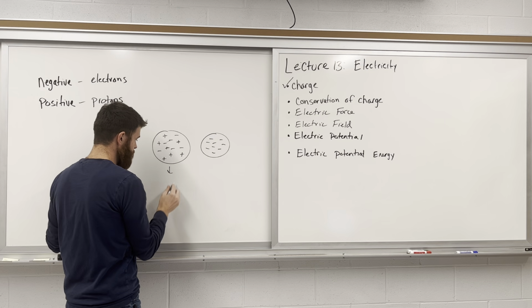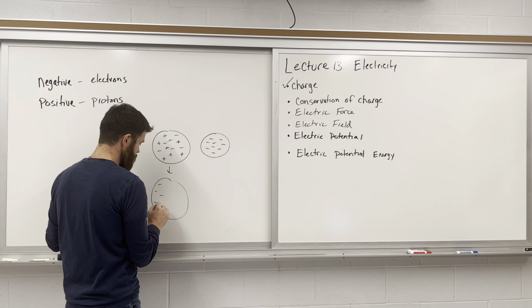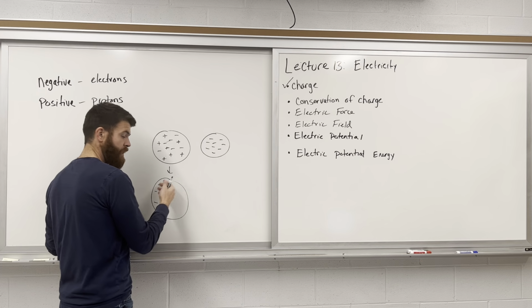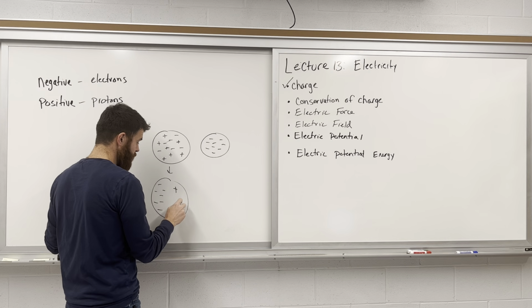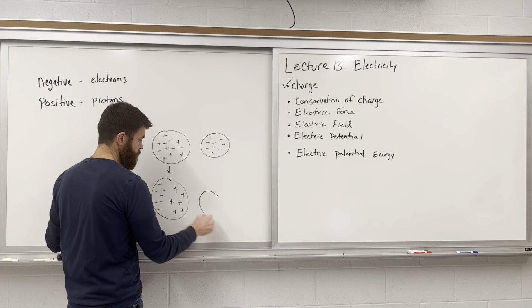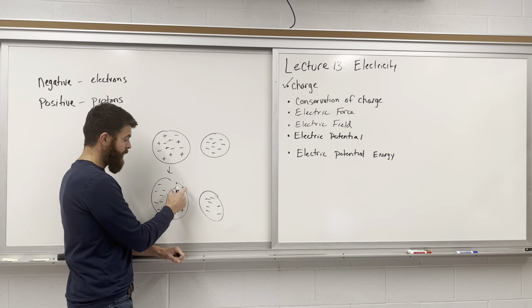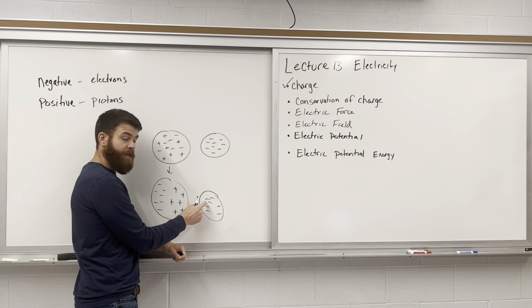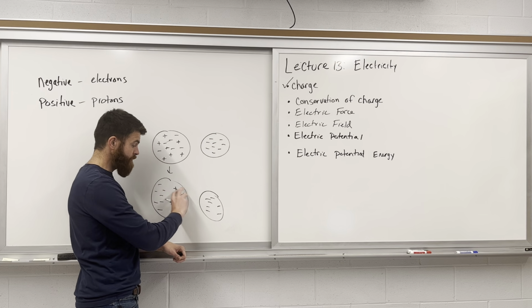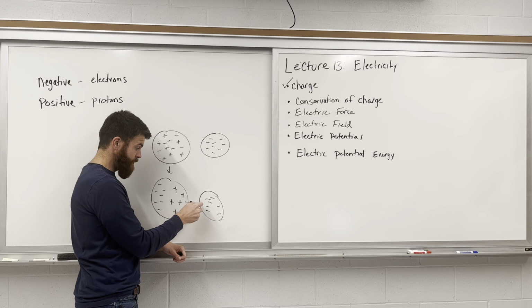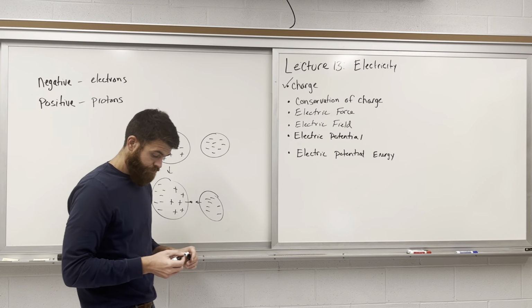And so the negative charge will collect on this side, and the positive charge will collect on this side. And so now, because these positive charges are over here, they're going to be attracted to these negative charges, so that's why they move over there, and these two objects will experience an attractive force.